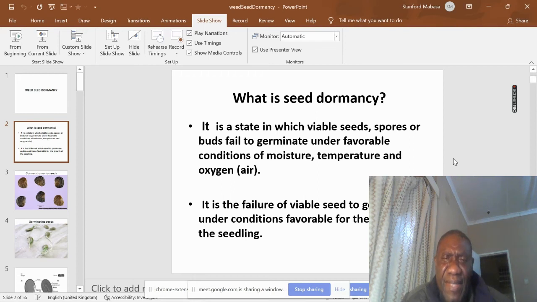It is the failure of viable seed to germinate under conditions favorable for growth of the seedling. That is the general understanding of weed seed dormancy.